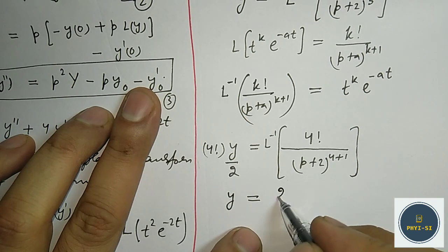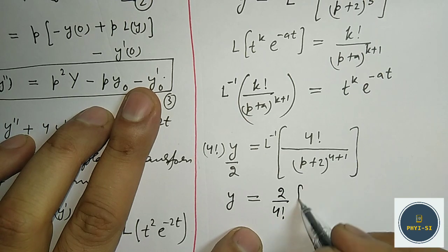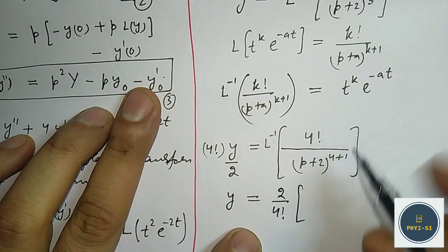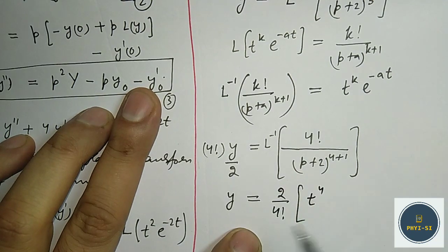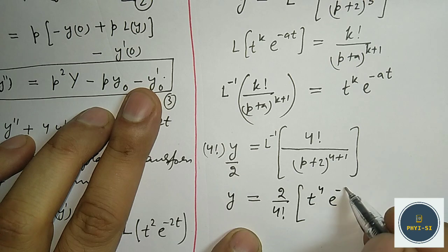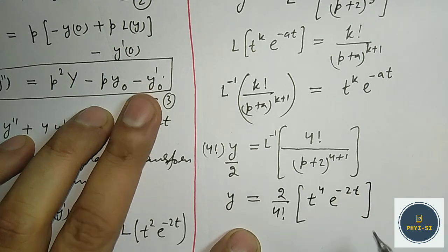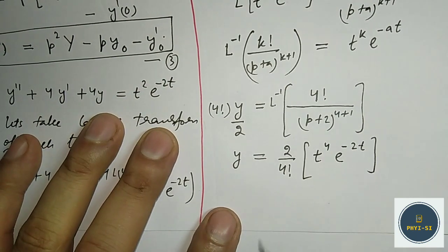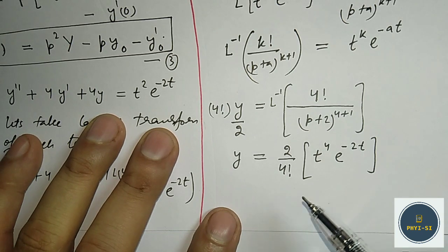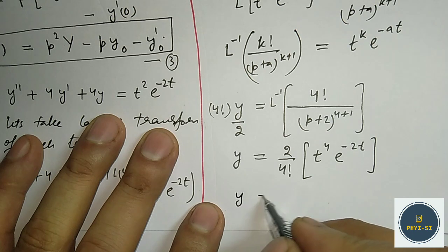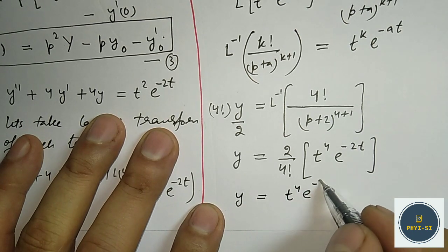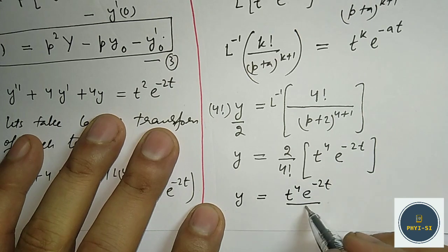So 2 over 4 factorial, and in the bracket I'll have t raised to power k, so t raised to power 4, and then e raised to power minus 2t, since a is 2. 4 factorial is 24. It becomes y is equal to t raised to power 4 e raised to power minus 2t divided by 12.